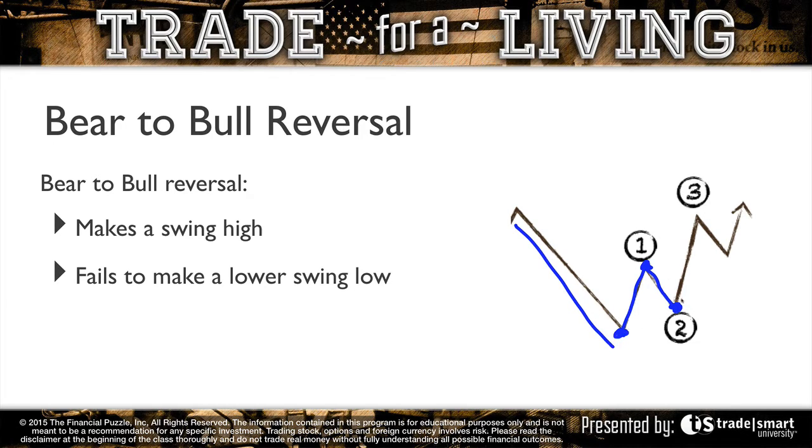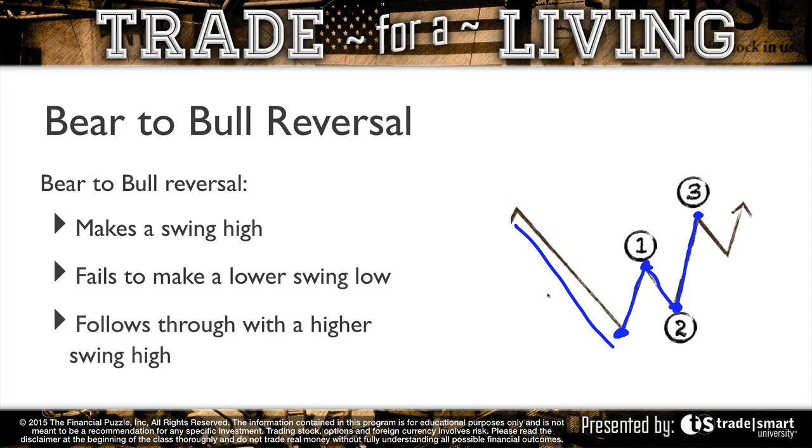Now we've got 2 of the 3 points, and the third point comes when we push higher than the first point. So once you start to make a higher high, it follows through with a higher swing high. That is going to be your third point, and that starts to tell you that, yes, this trend is reversing.